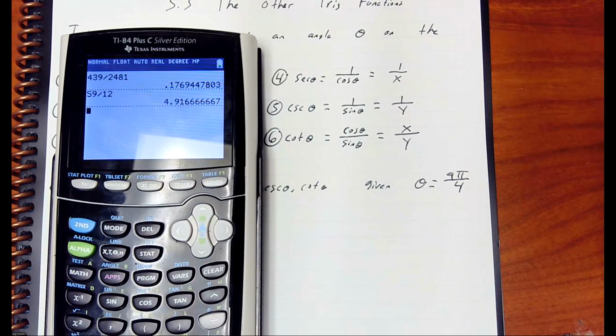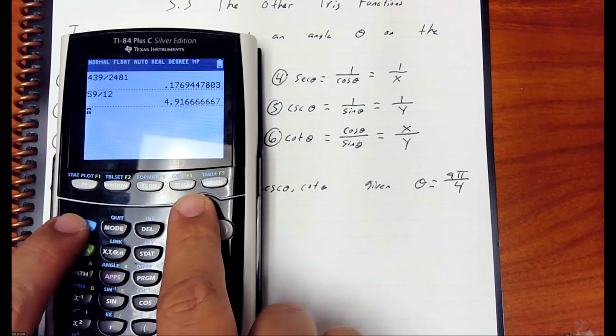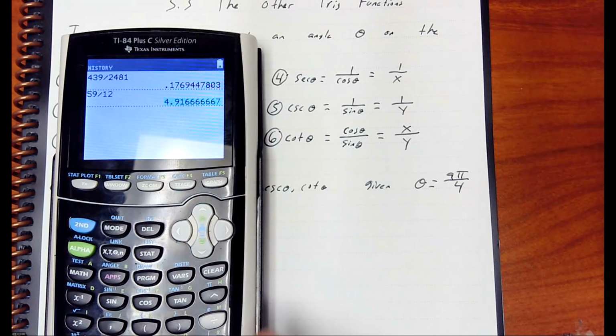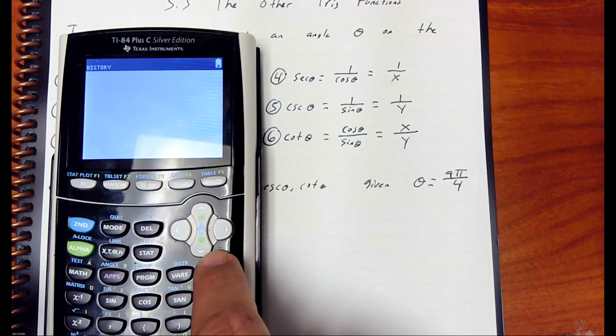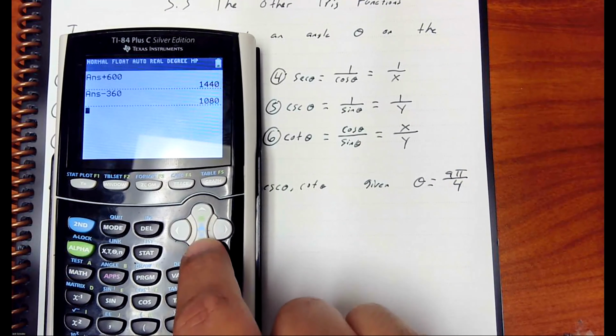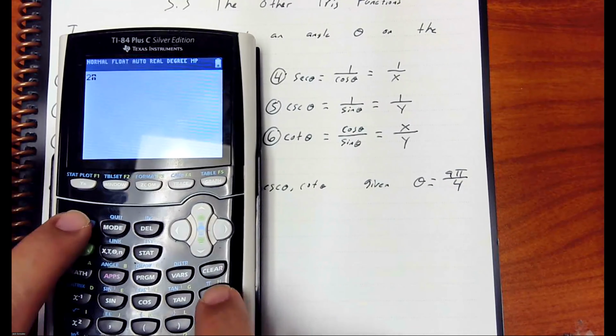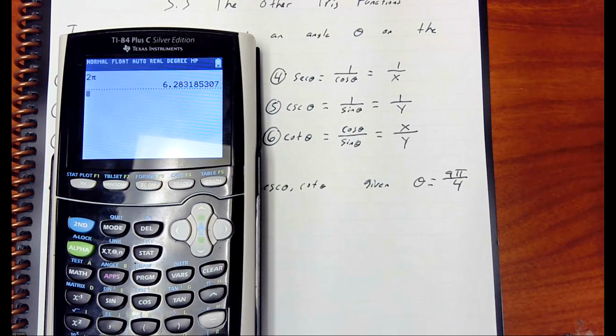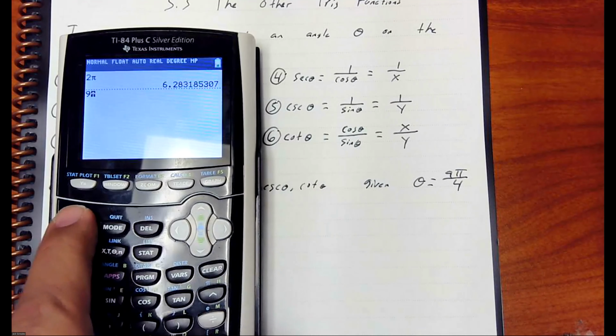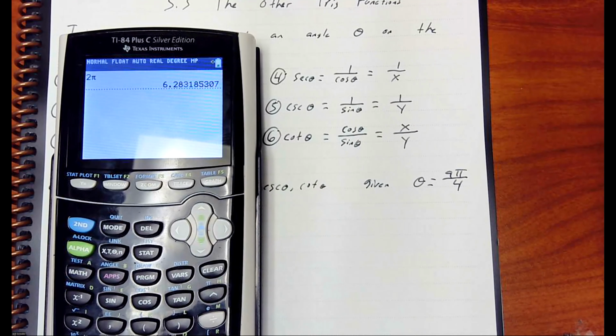The first thing I would do is say, you know, what is 2 pi, right? 2 pi is about 6.28. Is 9 pi over 4 bigger than 2 pi? I don't know. Let's find out. Yes, it is. So we should subtract 2 pi.